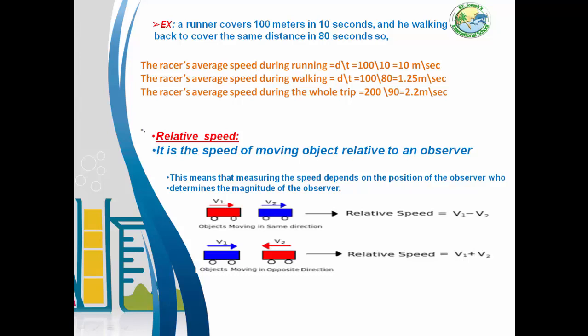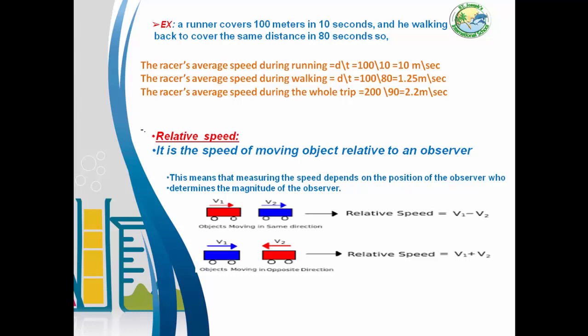But if the observer is in a moving car or a moving object that moves in the same direction as the moving object, for example, the observer is in this red car, and he is watching the other car. The two cars are moving in the same direction. In this case, the relative speed will be the object speed minus the observer speed.